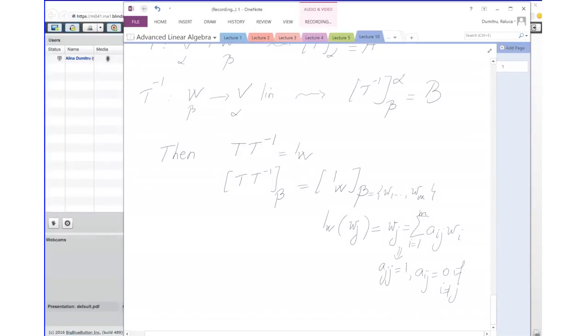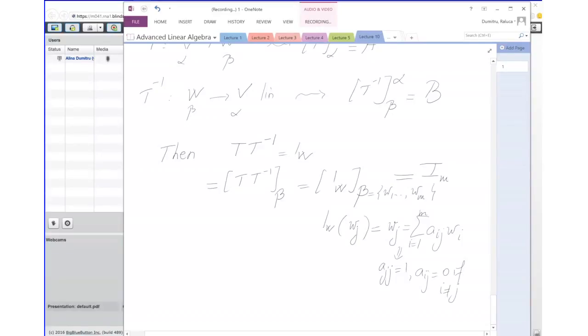So what kind of matrix is this? This is the identity matrix, right? It's the most natural possible answer. The identity transformation, its associated matrix will be the identity matrix, identity n by n, n being the dimension of the space.